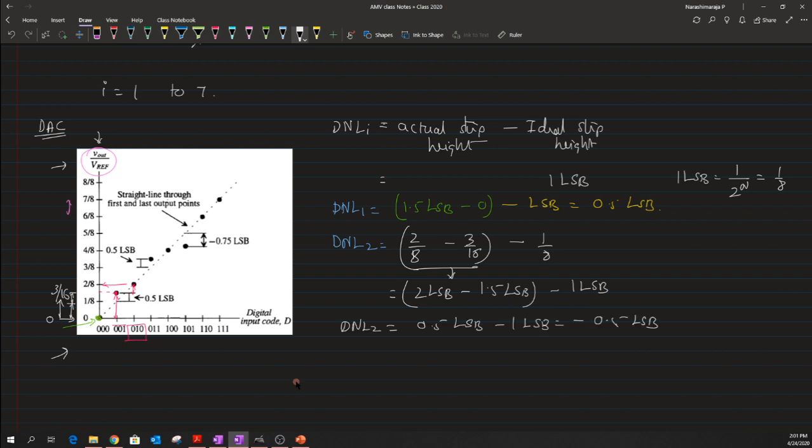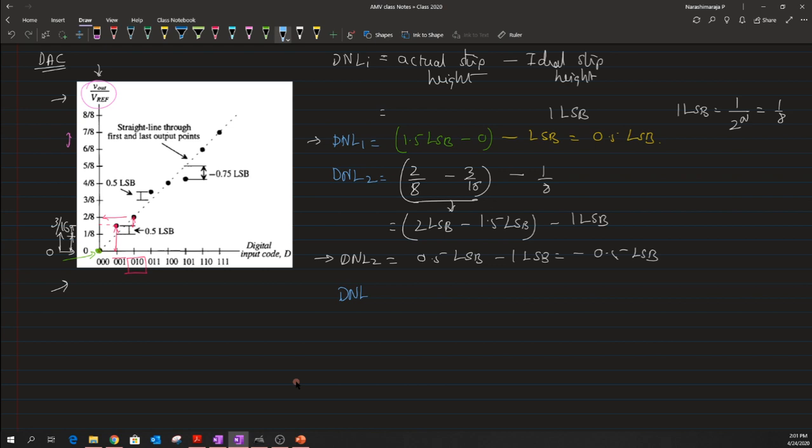Okay. I am repeating this calculation just to ensure that you understand it. So, next comes DNL of 3, which can be computed just by looking at the data of 011 and then looking for the value that you are getting. It falls between these two intermediate data, so it would be around 7 by 16, I guess.